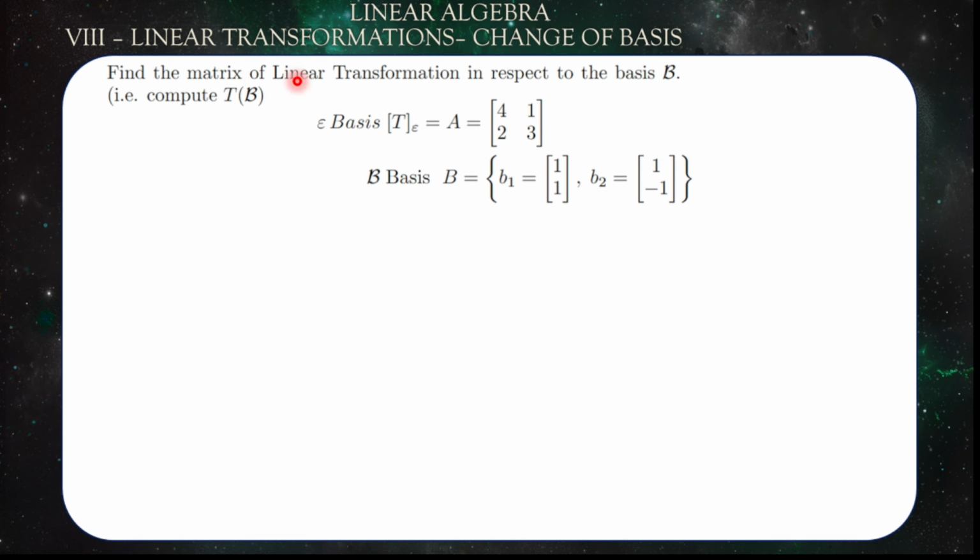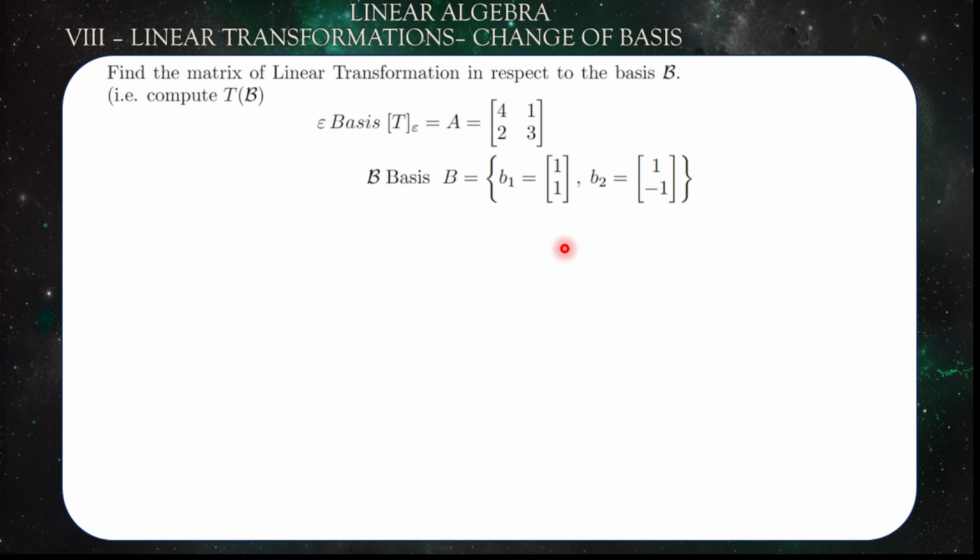I need to find the matrix of the linear transformation with respect to the basis B. So this needs to be transferred from the epsilon basis, which was the original coordinate system, to the B basis, given by B1 = (1, 1) and B2 = (1, -1). You can pause the video to try to solve it first, then you can get back to the solution.